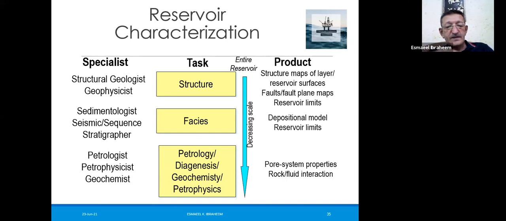For facies, we have a sedimentologist, seismic, sequence, and stratigrapher. For the others, we have a petrologist, petrophysicist, and geochemist. And for each stage, you have a product. For example, the structure: structure maps and layers, reservoir surfaces, faults, plane maps, reservoir limits. For facies, you have the depositional model and reservoir limits. For petrology and diagenesis, we have pore system properties and rock fluid interaction.